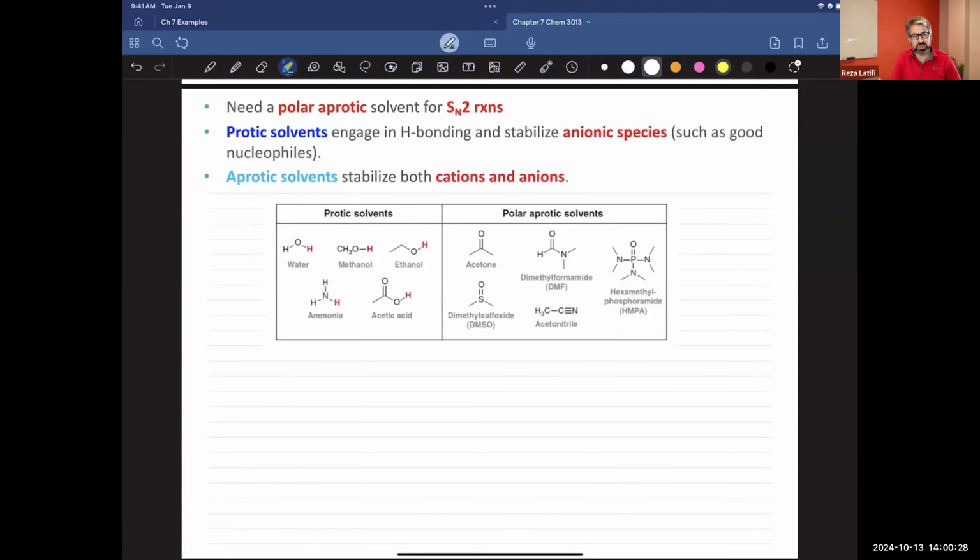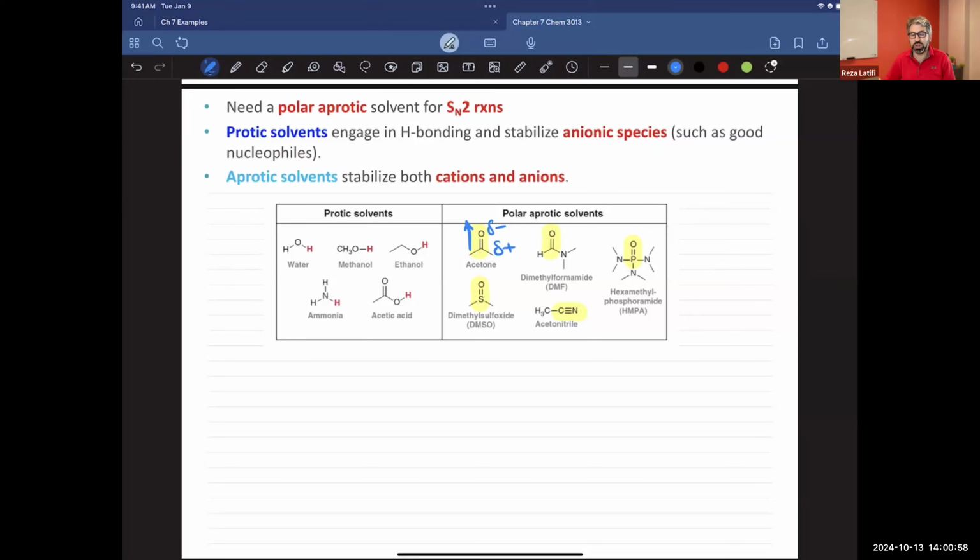Polar aprotic solvent is a solvent that is polar. And as you see here, we have electronegative elements like oxygen or nitrogen attached to carbon. Because they are more electronegative, they will pull electrons to themselves. They will get a partial negative charge, and the carbon a partial positive charge. Those partial positive and negative charges are permanent, so we have permanent charges, and that's the reason we call them polar.